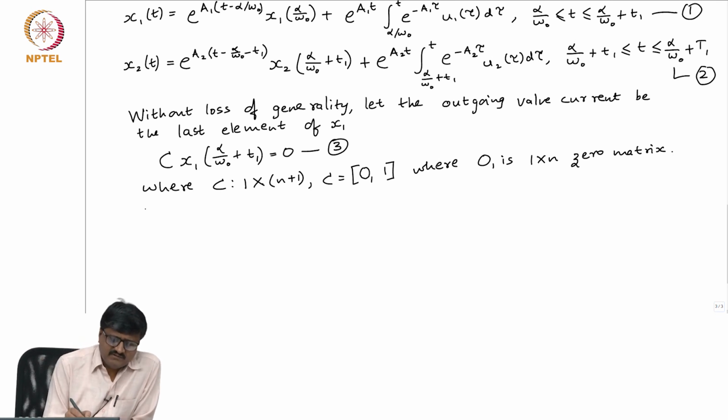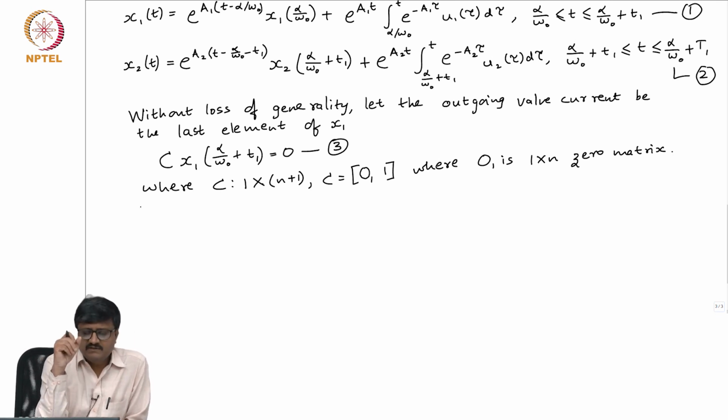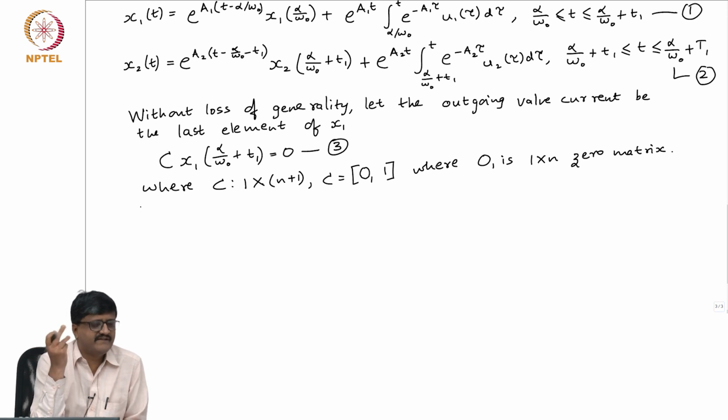Now, suppose I take x2, all elements of x2 are also in x1. If I retain the same order of these elements in x1 and x2, again there is no loss of generality.